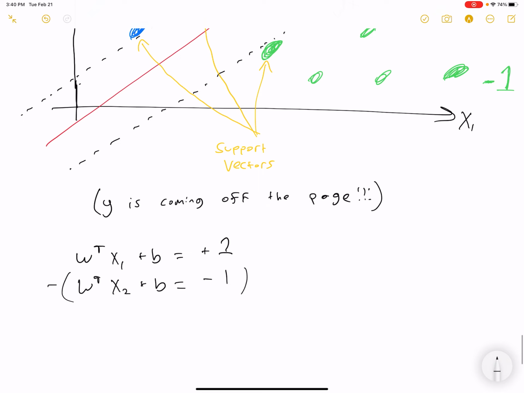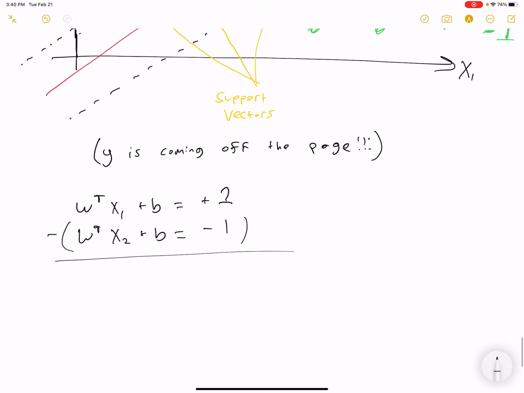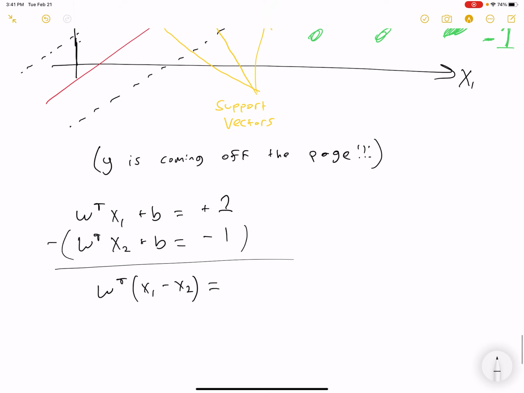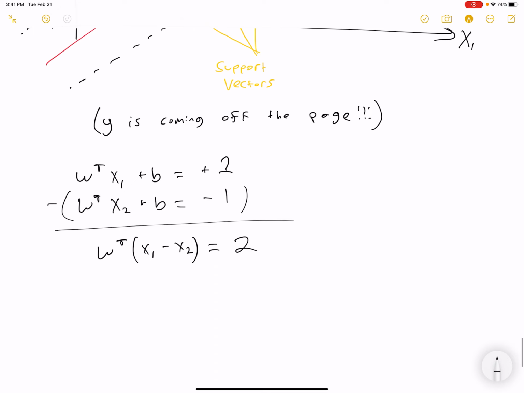And we could subtract them, and basically using linear algebra, because you can't necessarily subtract matrices.